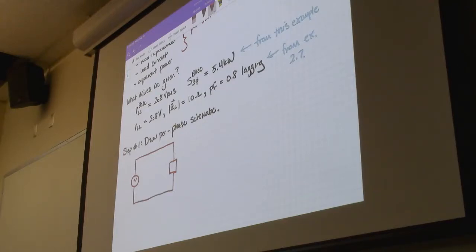Right, we saw that the V source was equal to 120 volts, line to neutral. ZL was equal to 10. That's already written above. Our IA or IS ended up being 12 with an angle of negative 37 degrees amps. And I think those are all the values that we got.